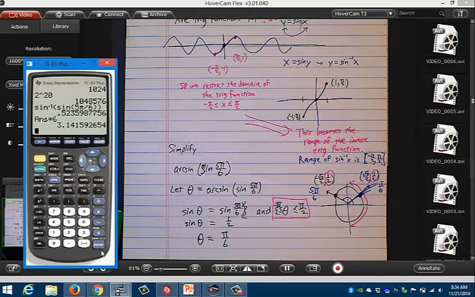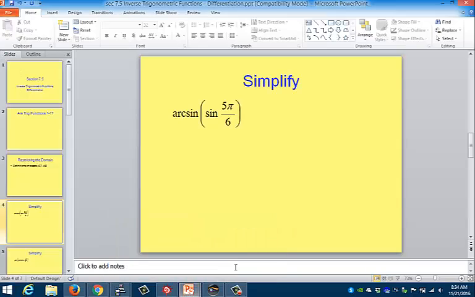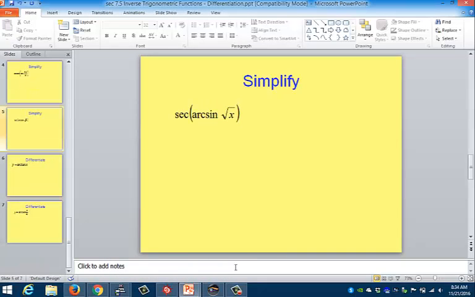All right, so let's move on. You try this one. The secant of the arc sine of square root of x. Well, maybe I should show this one, actually. But you might have an idea of how I start, right?